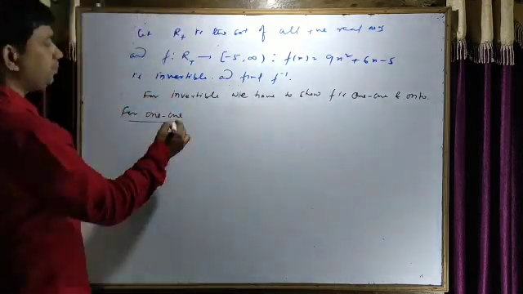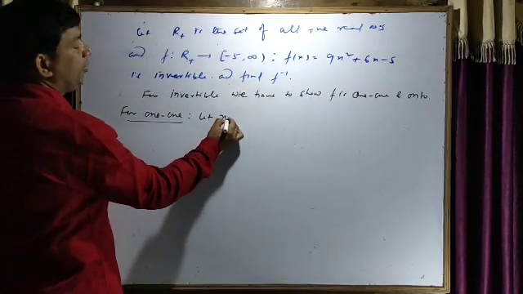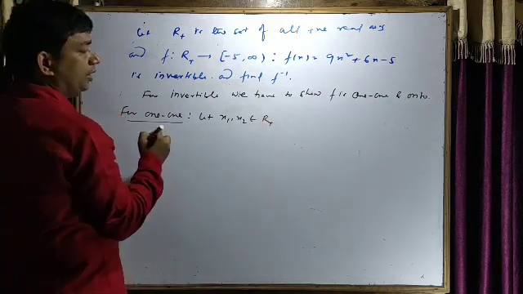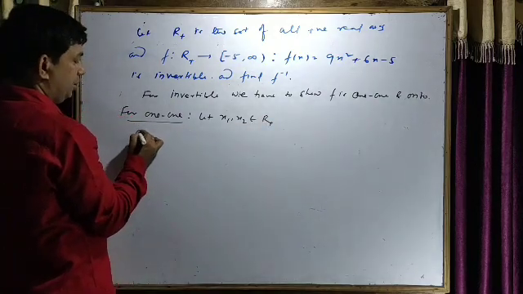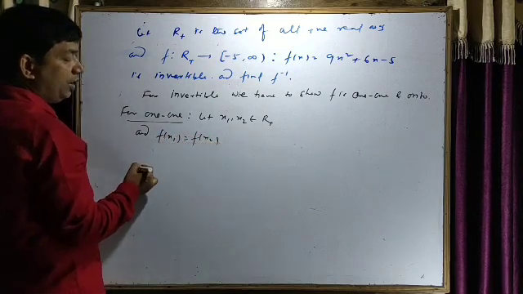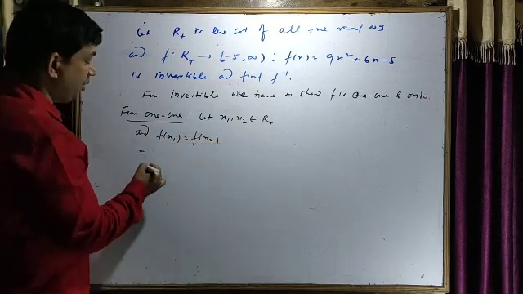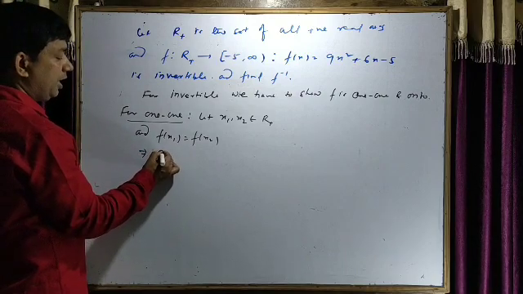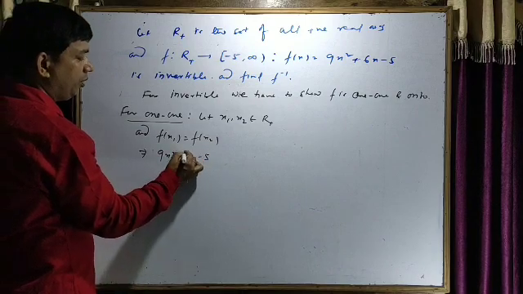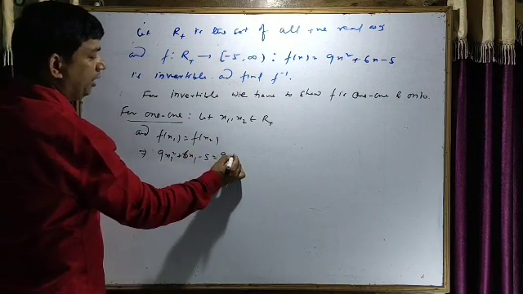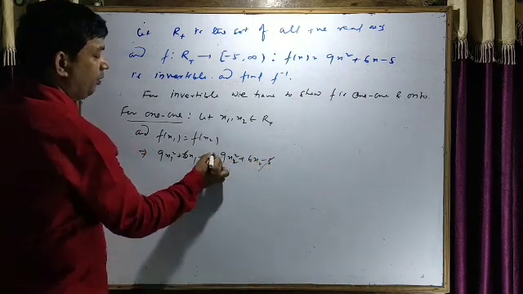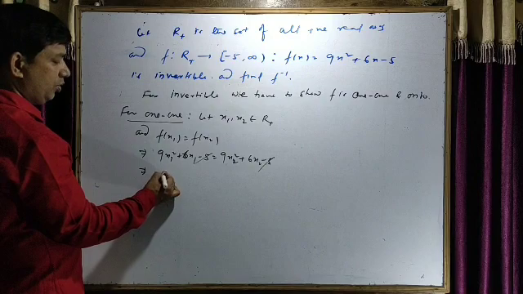So the same thing: let x1, x2 belong to R plus, and take the images as equal. f of x1 equals f of x2 implies 9x1 square plus 6x1 minus 5 equals 9x2 square plus 6x2 minus 5. Minus 5 cancels.